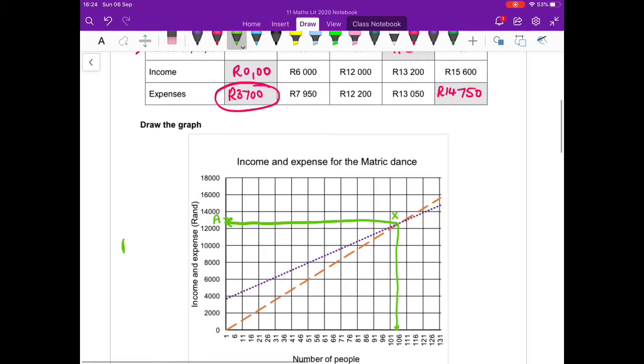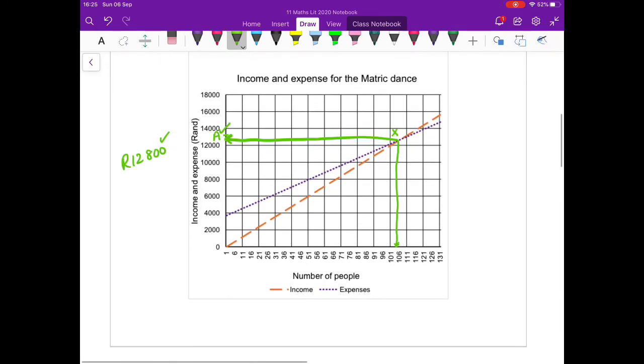So from your graph, you would get a value of about 12,800 Rand, which you would get a mark for, on your cost or expense axis. How many people at the break-even point? Well, we would label that with the letter B at the bottom here, and that would be approximately, reading from the graph, about 115 people.